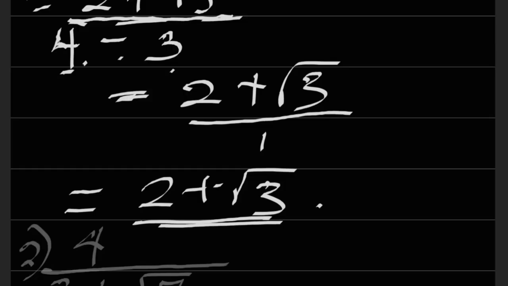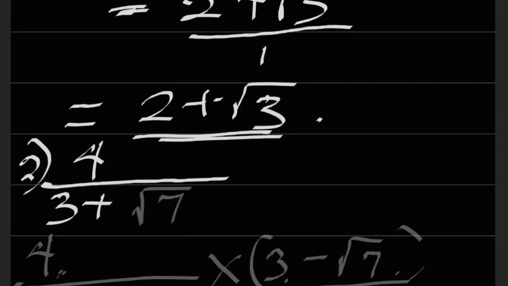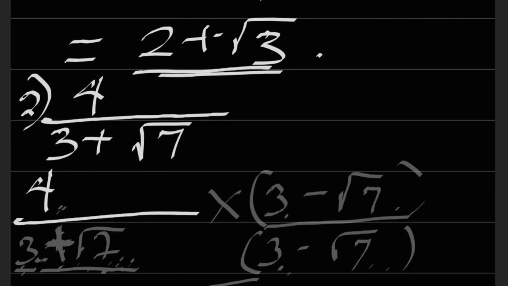Let's have another example, example 2. Example 2 says 4 over 3 plus root 7. We'll repeat the same process. We are going to multiply the numerator and the denominator by the conjugate.